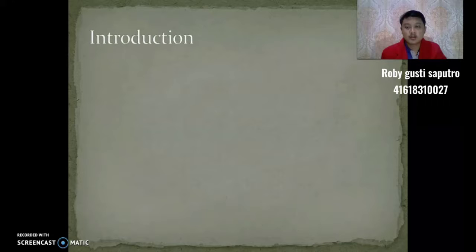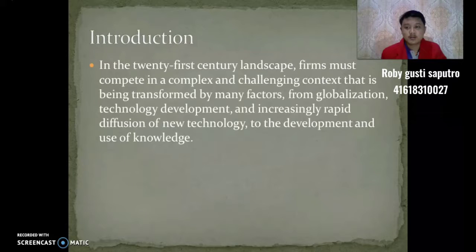The first introduction. In the 21st century landscape, firms must compete in a complex and challenging context that is being transformed by manufacture. From globalization, technology development, and increasingly rapid diffusion of new technology to the development and use of knowledge.